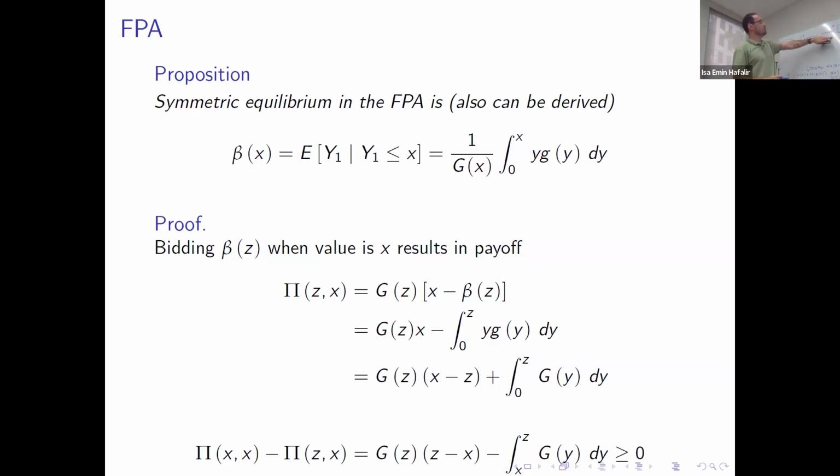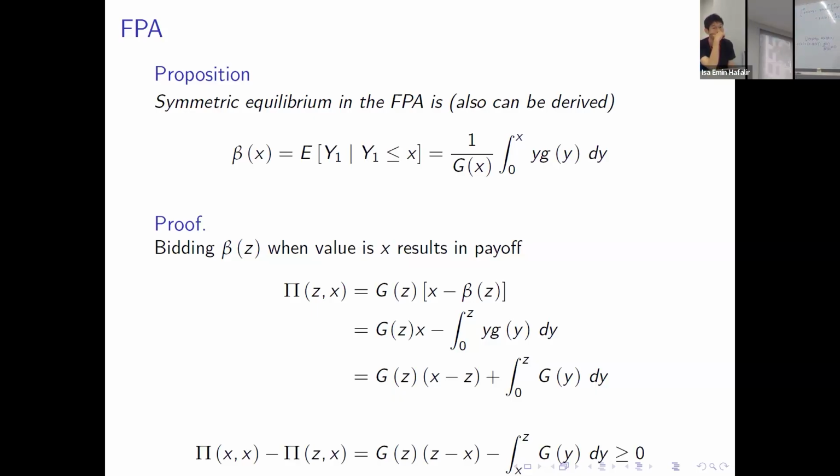And if y is equal to 0, this just becomes 0. So this just becomes z G(z) minus the integral from 0 to z of G(y) dy. And this is summarized here. This minus becomes a plus because there is already a minus sign here. Is this clear? So this is just integration by parts.